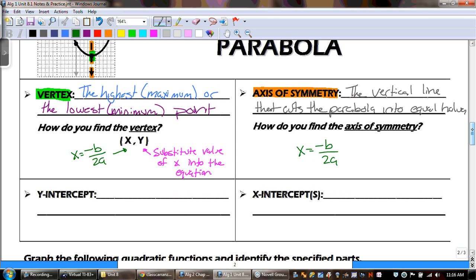Now, the y-intercept. The y-intercept is the point 0, comma y, where the parabola intersects the y-axis.